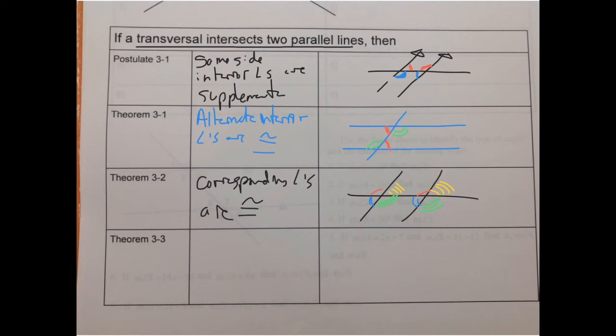The final theorem, if a transversal intersects two parallel lines, then alternate exterior angles are congruent.